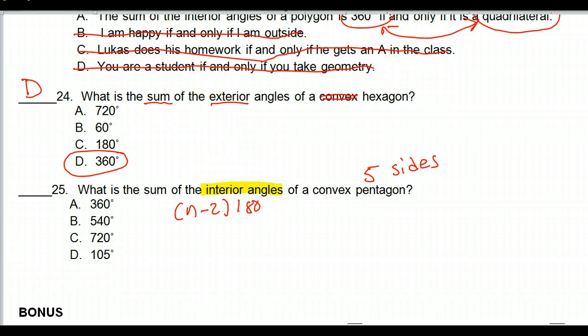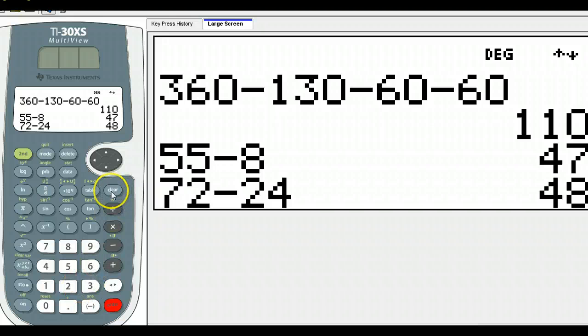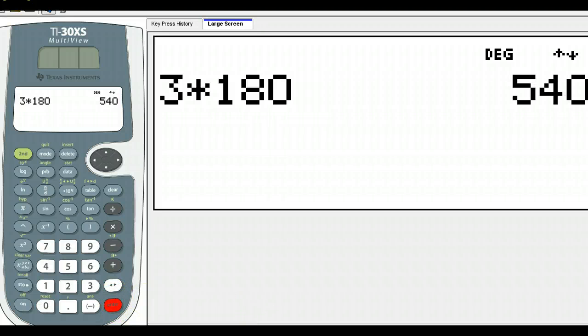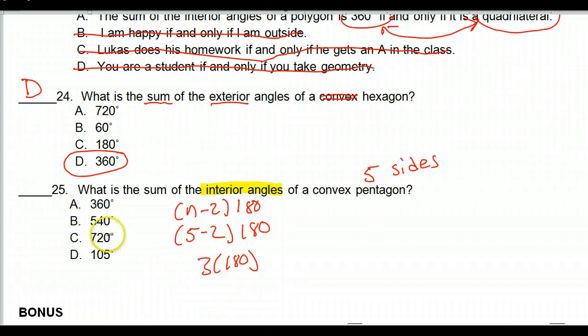So since the pentagon has 5 sides, that's 5 minus 2 times 180. So that's 3 times 180. So what's that? 540. Okay, so that's B.